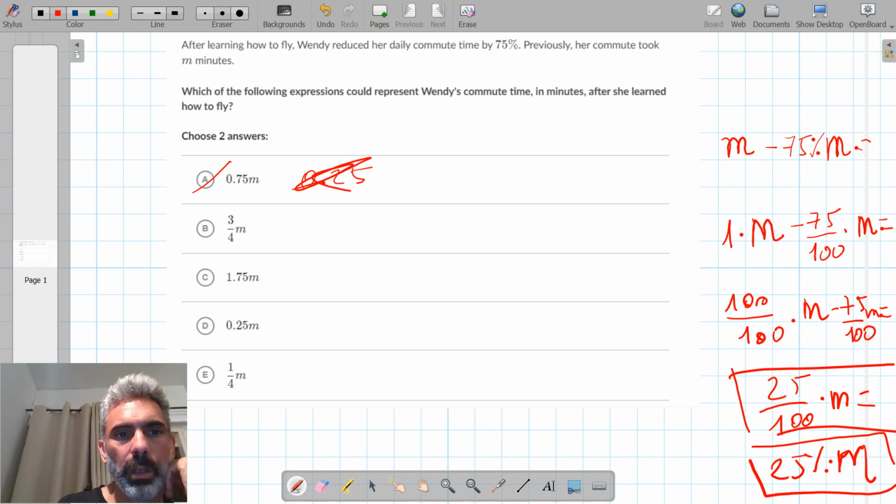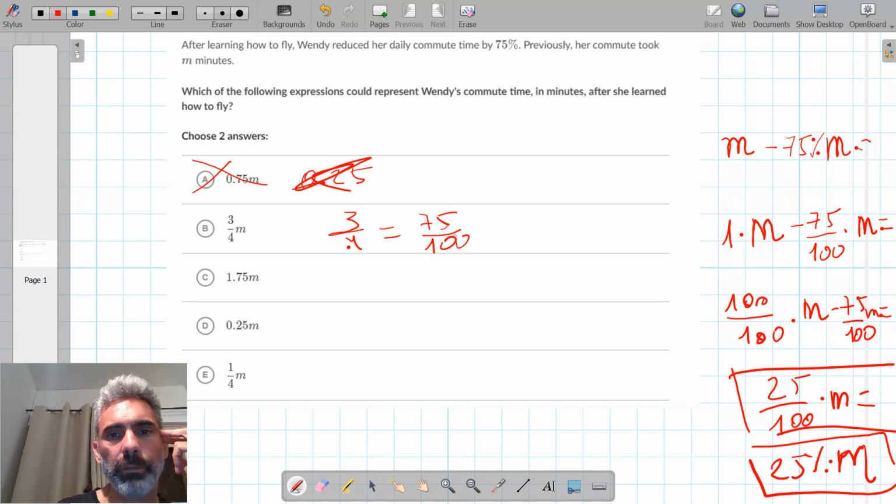So A is incorrect. B is incorrect because 3/4 are the same thing as 75 hundredths. To go from 4 to 100 we multiply by 25. To go from 3 to 75 we multiply by 25. So 3/4 are 75 hundredths, which is 75%.